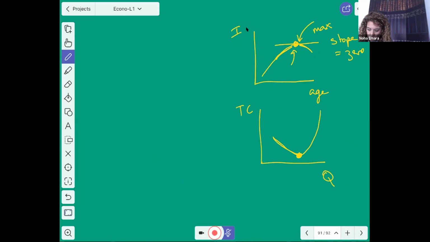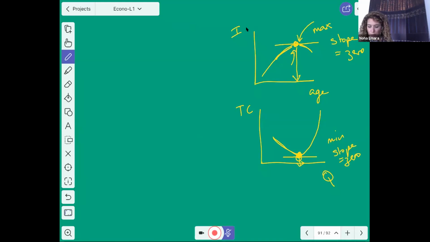At this minimum point, the slope again stops moving and is equal to 0. So we might be very interested in knowing the turnaround point, at which age exactly I will reach my maximum income, or at which unit produced, if you're the producer, I can reach my minimum cost.